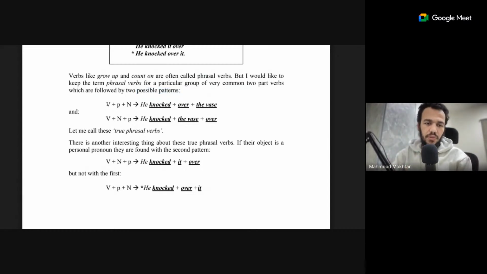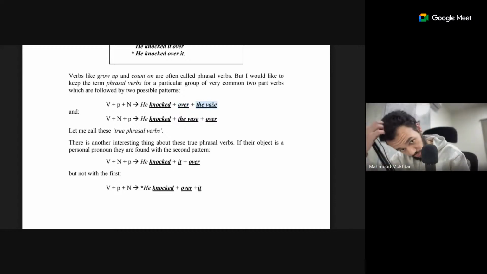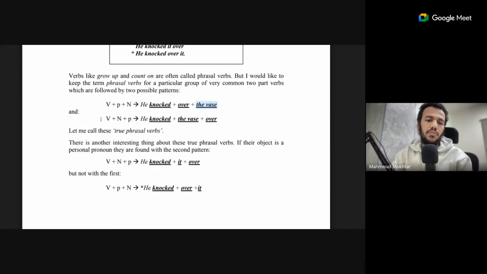Verb, particle, noun: he knocked over the vase, so over is the particle, the vase is the noun. And verb, noun, particle: he knocked the vase over. Let me call these true phrasal verbs.